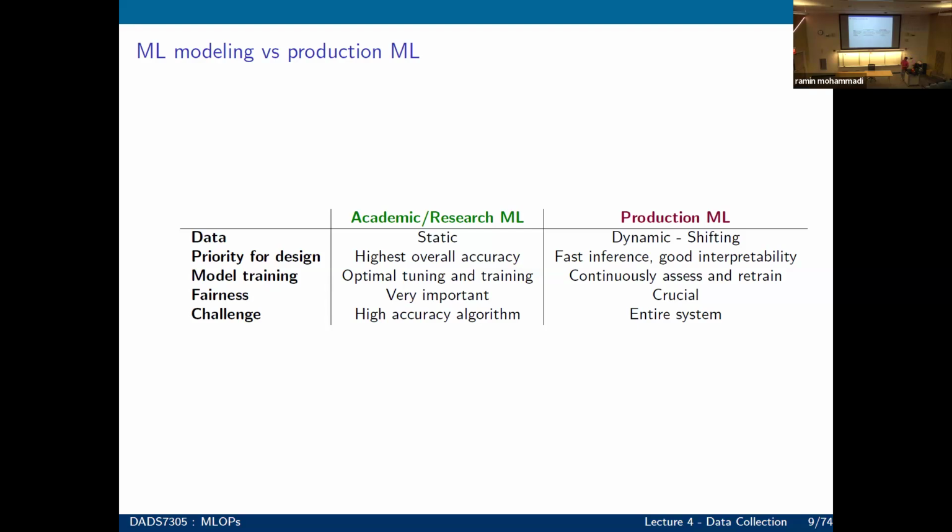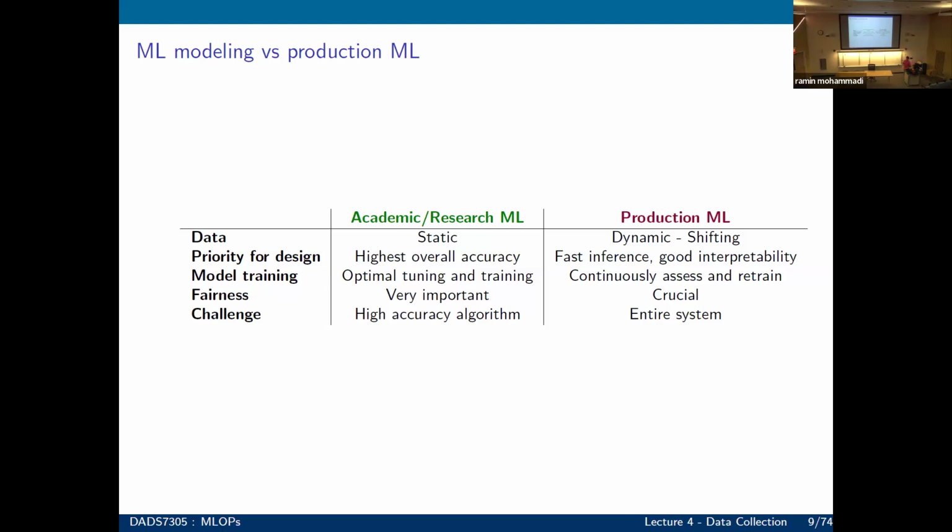The priority for design is getting the model with the highest accuracy. For model training, your focus is optimal tuning and training. Model fairness is also really important these days in publications. The challenge is how to build the best, highest accuracy model.